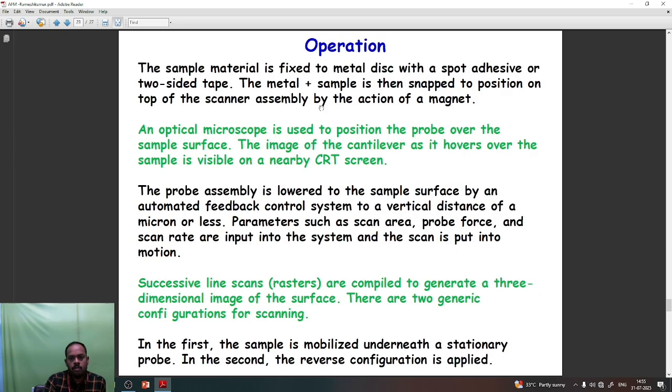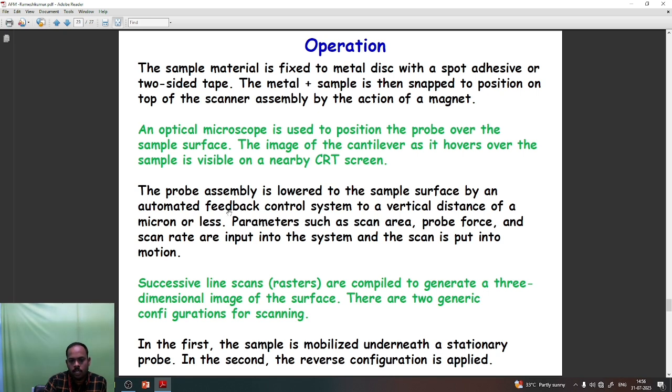So the operation: there will be a sample holder. The sample material will be fixed to a metal disc, then snapped into position on top of the scanner assembly by the action of a magnet. Then there will be an optical microscope to correct the position of the probe over the sample surface, and piezoelectric materials to move the probe over the surface.